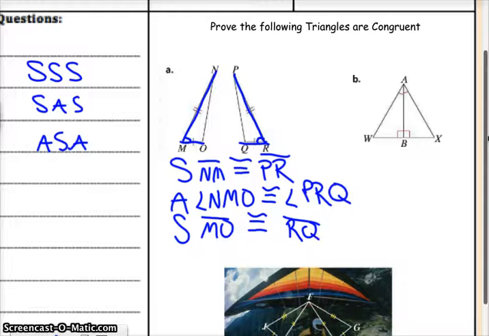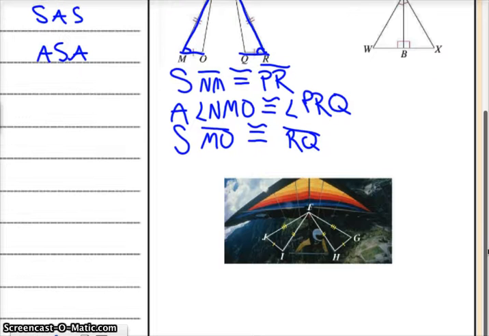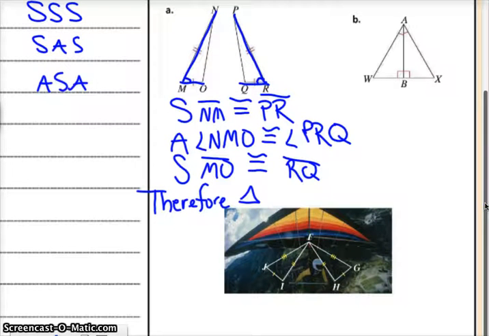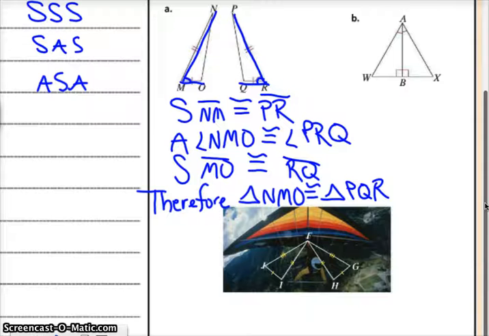I am not done. Proofs always have that final statement, like, booyah, it's done, I proved it. What you say is, therefore, triangle NMO is congruent to triangle PQR by SAS.